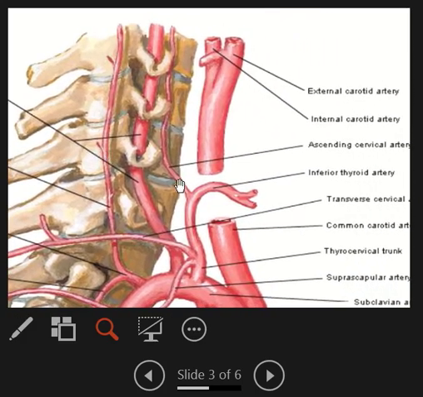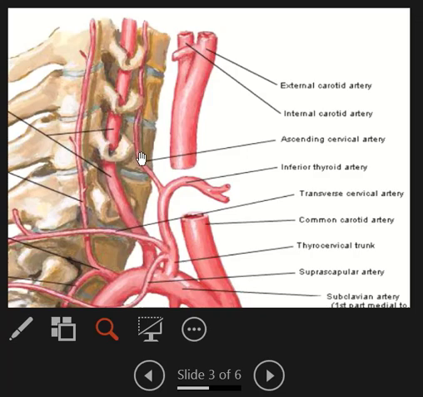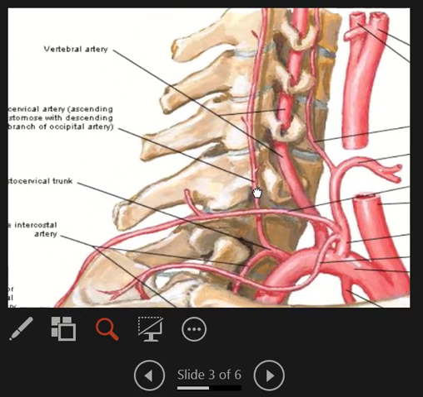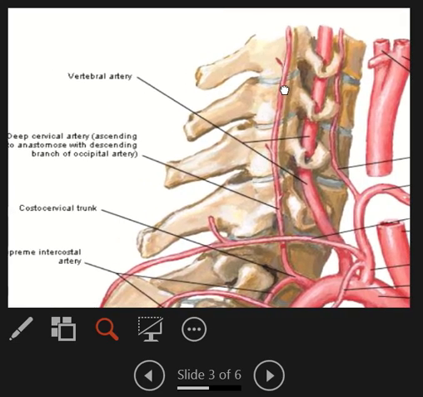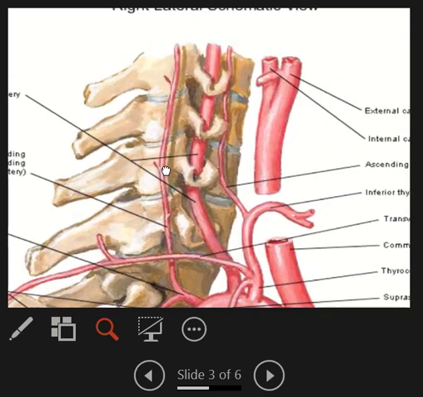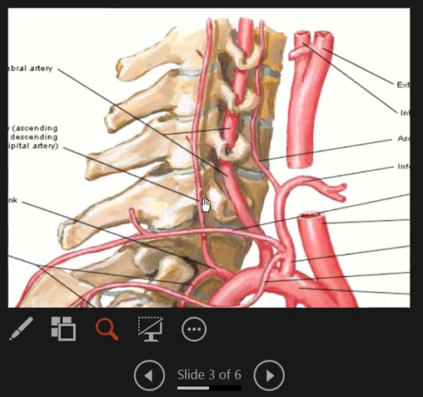We have the ascending cervical artery here. See, the ascending cervical artery. It's a branch of the inferior thyroid artery. It is anterior in the neck. But the deep cervical artery is at the back of the neck and it's a branch of the costocervical trunk. Deep cervical artery, ascending cervical artery.